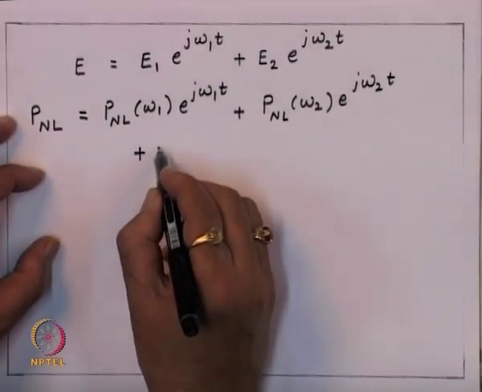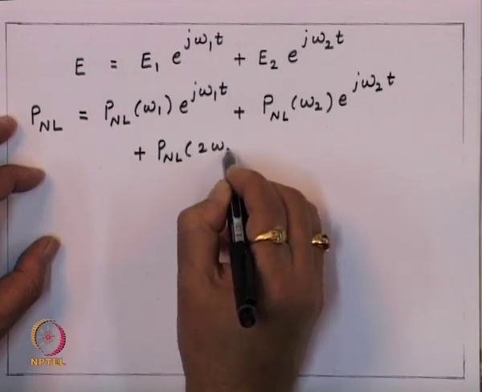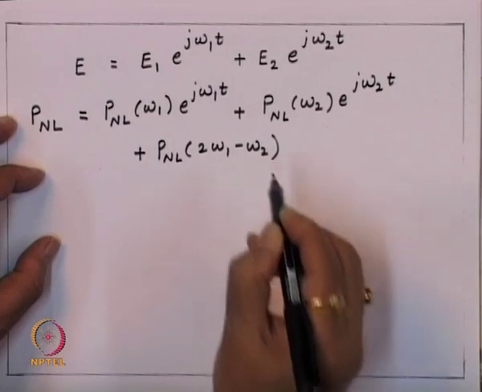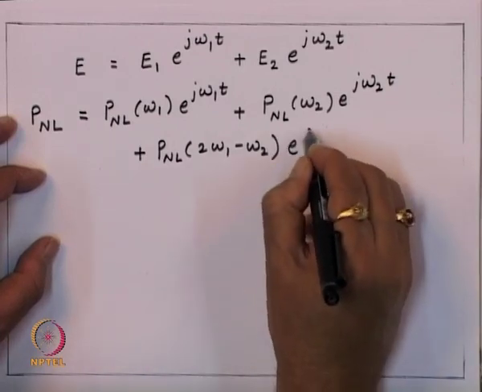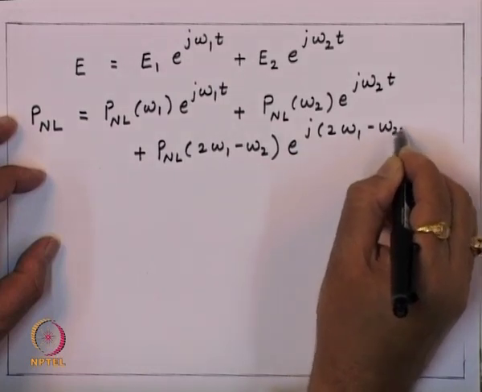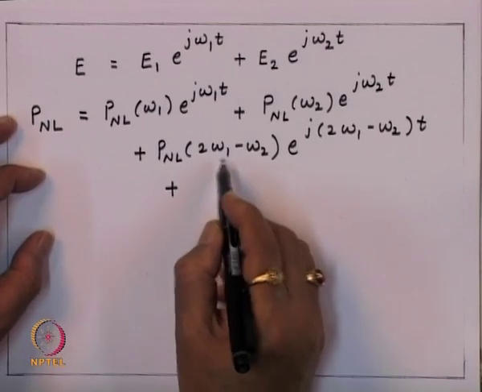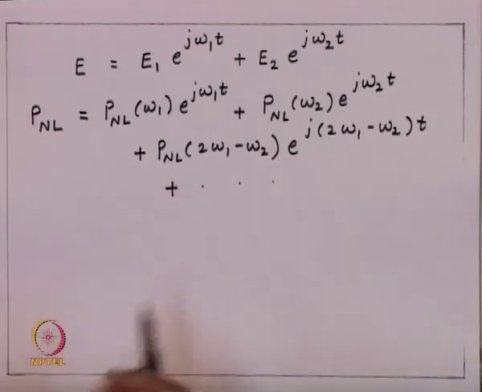So, you will have terms like 2 omega 1 minus omega 2, with a frequency 2 omega 1 minus omega 2, plus similar terms with 2 omega 2 minus omega 1 and so on.